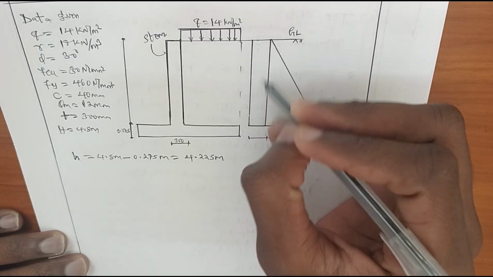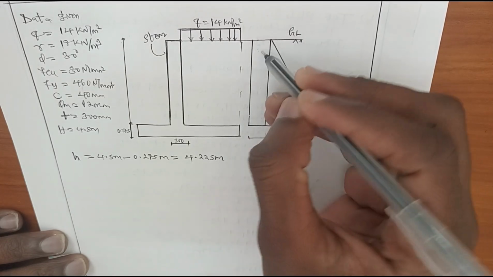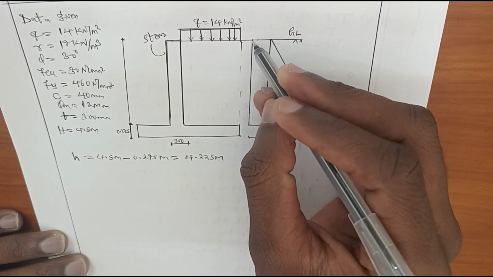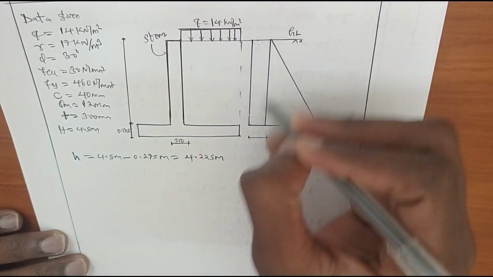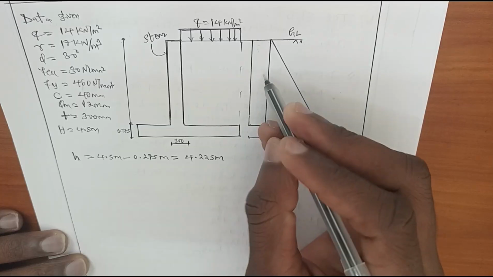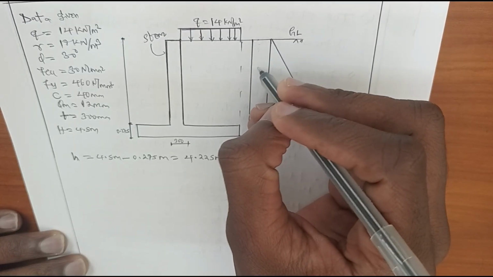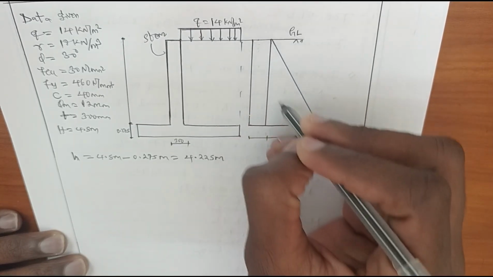This is uniform soil pressure, meaning that it is constant from the ground level down to the base. This is the pressure diagram due to surcharge.